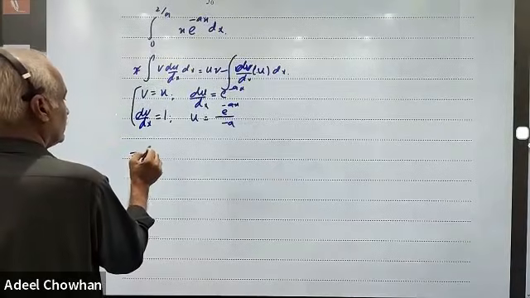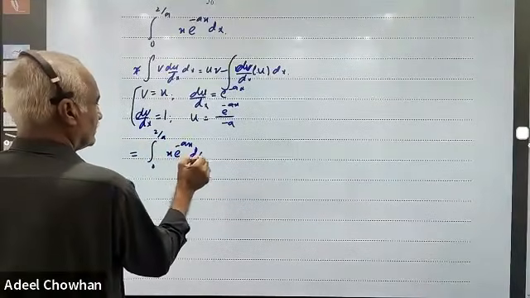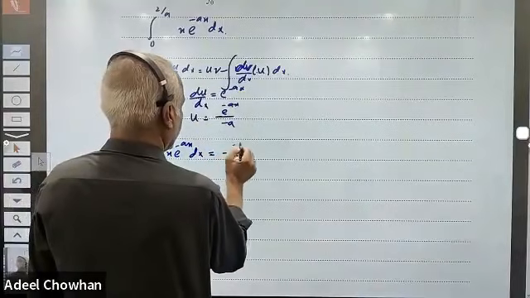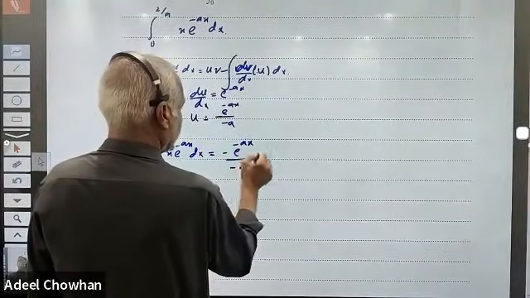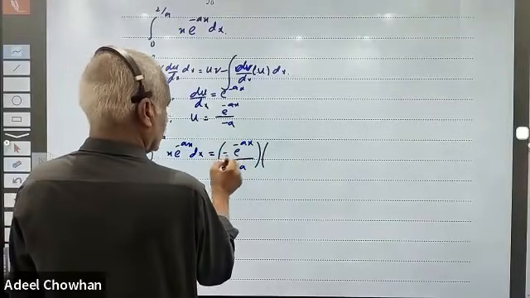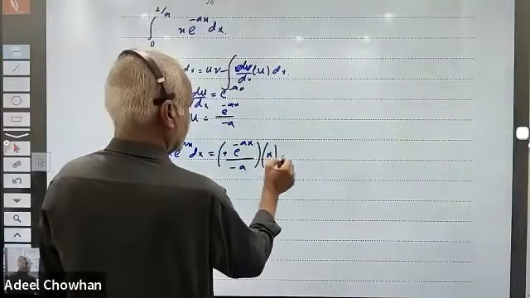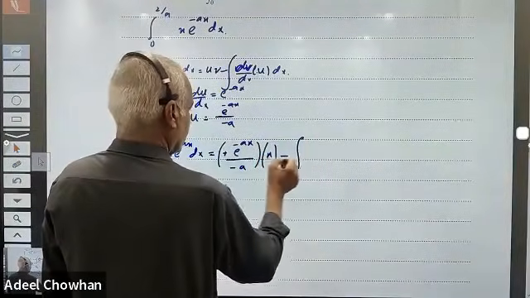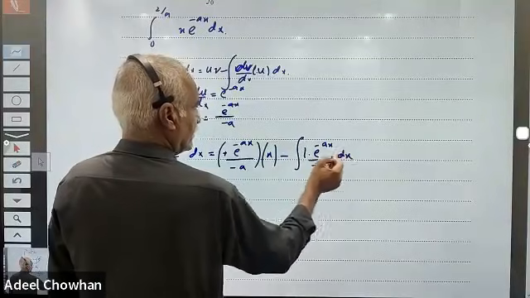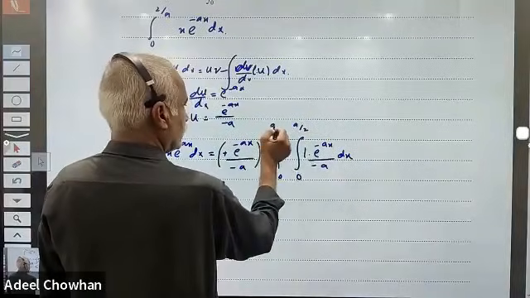So you put these into the integration by parts formula. So the integral from 0 to 2/a of x e^(-ax) dx is equal to u, which is -e^(-ax)/a, into v, that is x, minus the integral of the derivative of x, which is 1, into e^(-ax)/(-a) dx, with the limits 0 to 2/a.